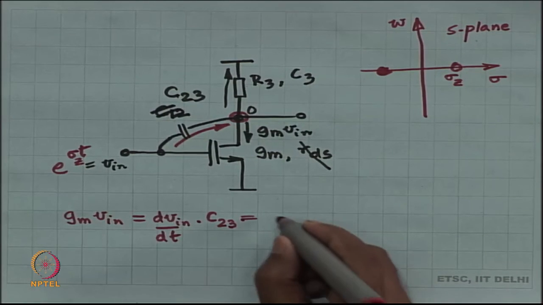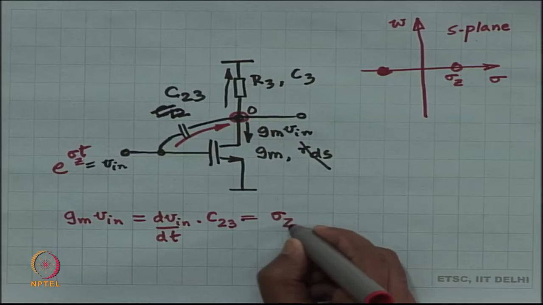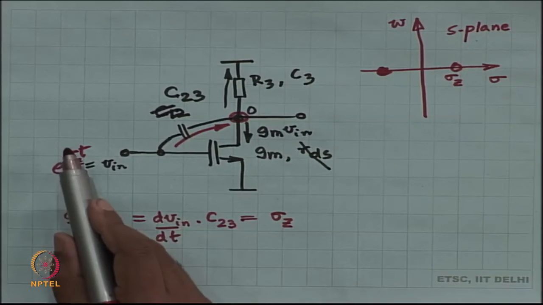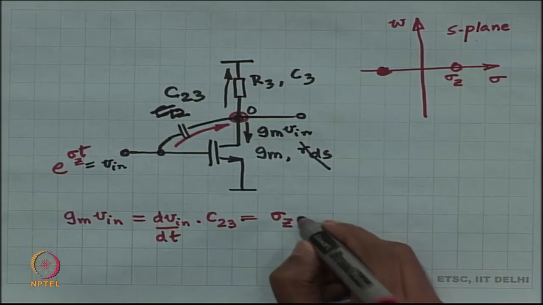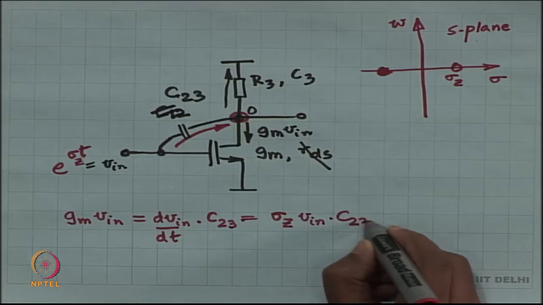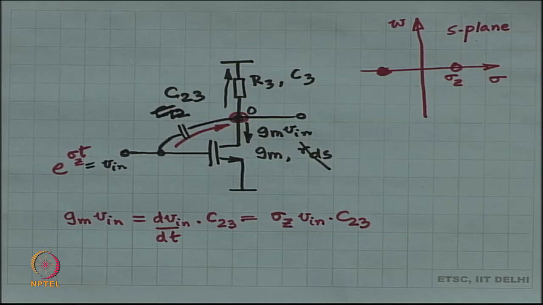And that is going to be sigma z times V in, since dV in by dt is sigma z times V in.